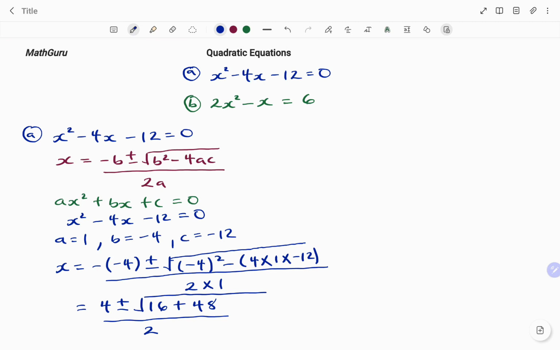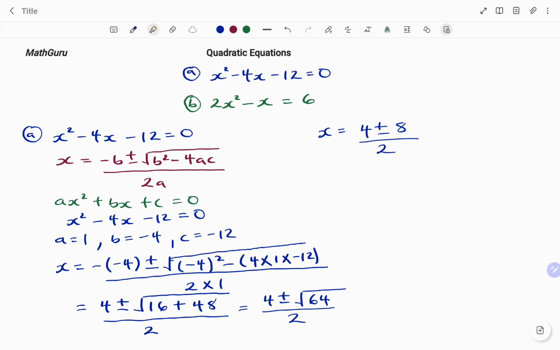And simplifying further, I have 4 plus or minus the square root of 16 plus 48, that's 64, divided by 2. So therefore, the value of x equals 4 plus or minus the square root of 64, that's 8, divided by 2.